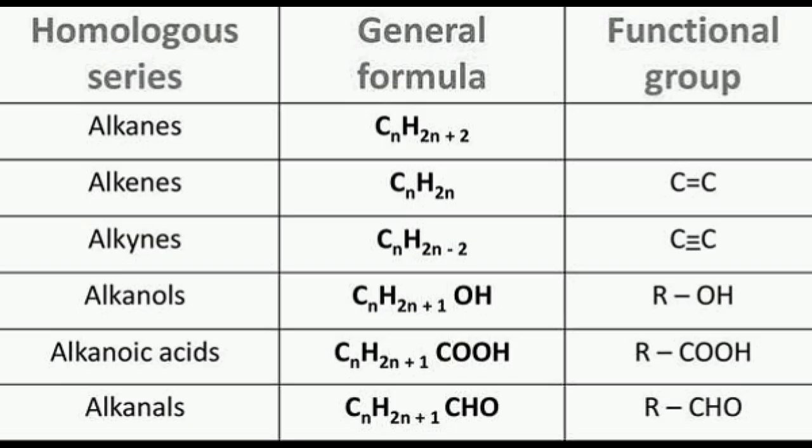Number 3, the physical properties, for example boiling point and melting point, of the members in any homologous series will change gradually as the number of carbon atoms per molecule increases. That's as you increase the number of carbon atoms, the melting point will increase, the boiling point will increase. Then the members show similar chemical properties, and all members can be prepared by using the same general method. Okay, those are the characteristics of a homologous series.